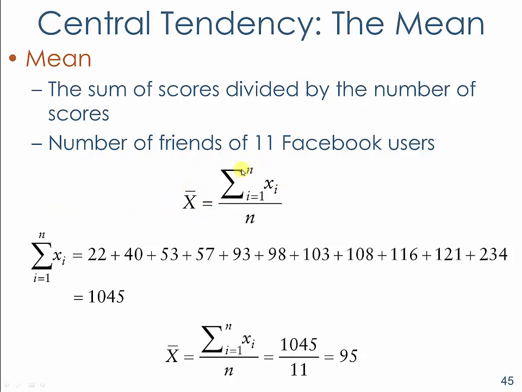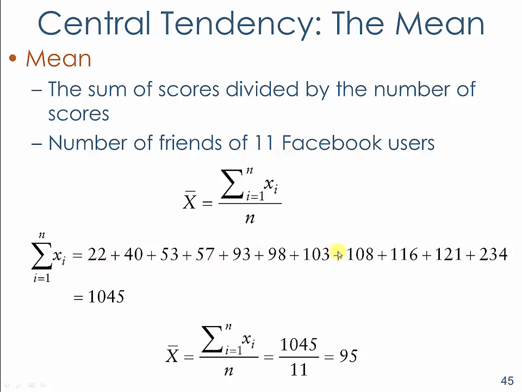And the way we can read this formula, the numerator is the sum of x sub i as i goes from 1 to n. All of that divided by n equals x bar, or the sample mean. In our example, we have the number of friends of 11 Facebook users.